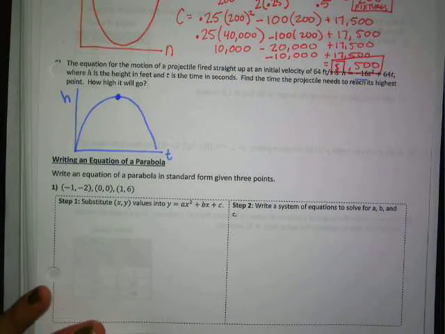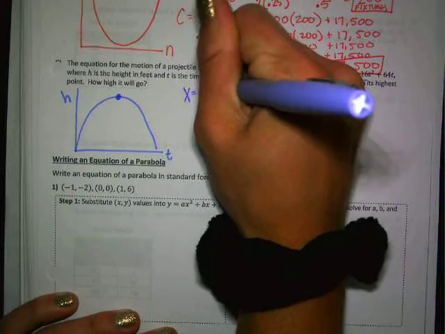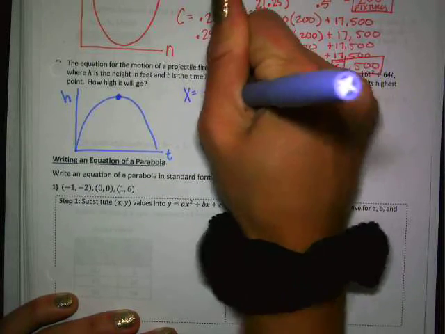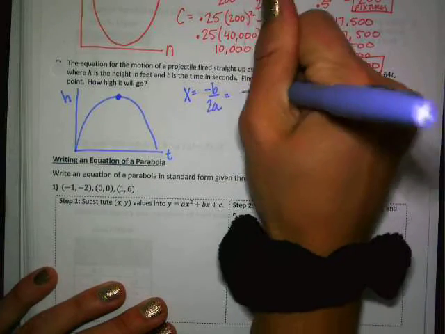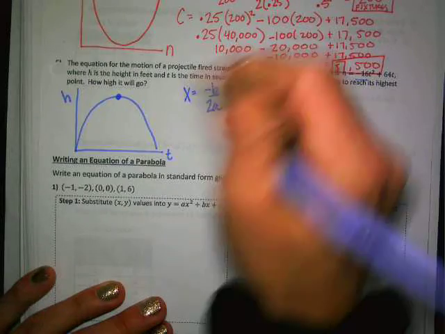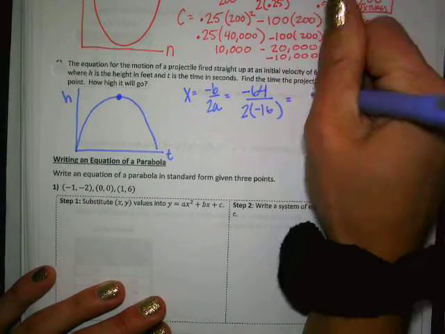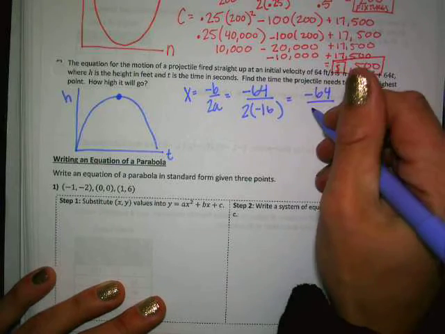So if I want to find the maximum height, I'm trying to find the vertex. So I'm still going to be doing negative b over 2a. What is my b value? 64. So negative 64 over 2 times, what's my a value? Negative 16. So 2 times negative 16 is? Negative 32.